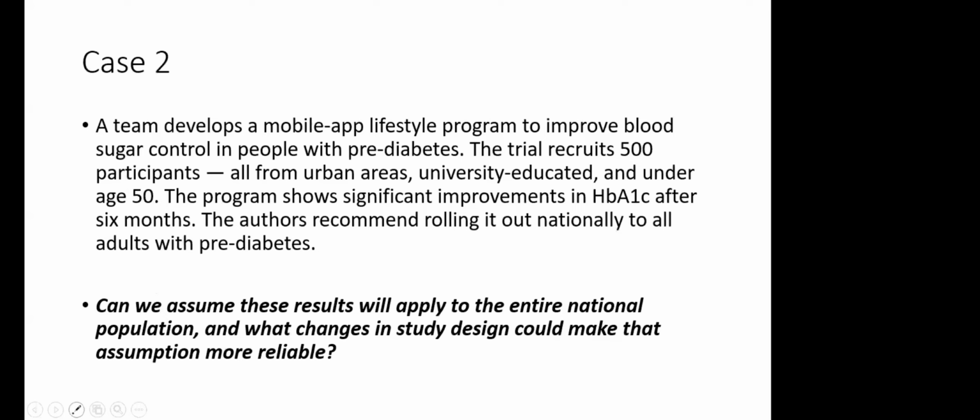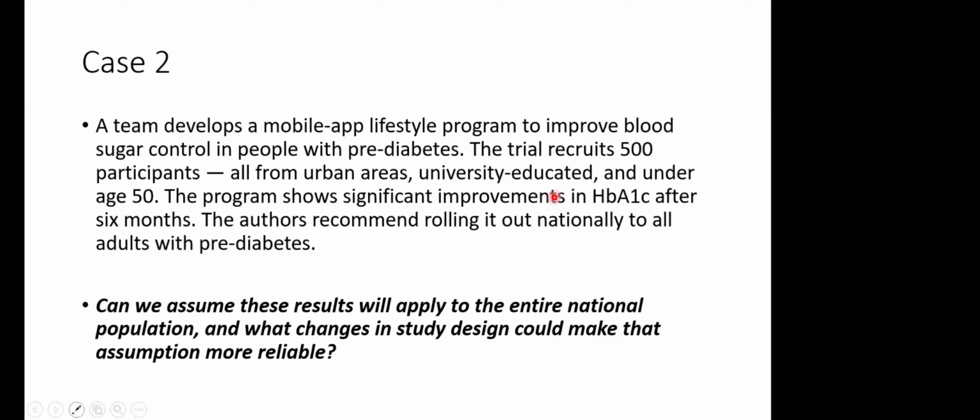So for this, again, we'll consider a case. A team develops a mobile app lifestyle program to improve blood sugar control in people with prediabetes. The trial recruits 500 participants, all from urban areas, all university educated and under the age of 50.